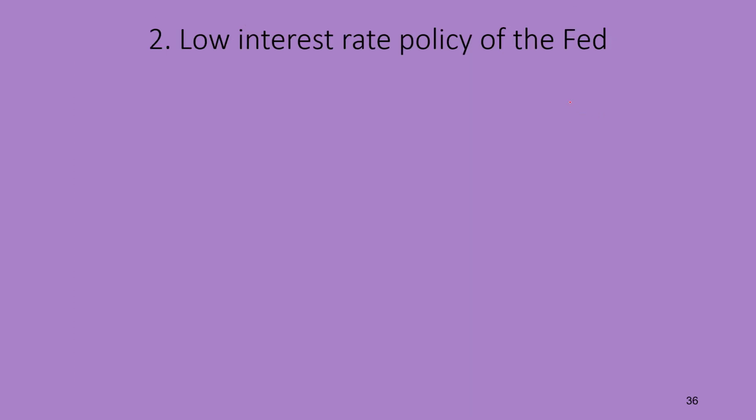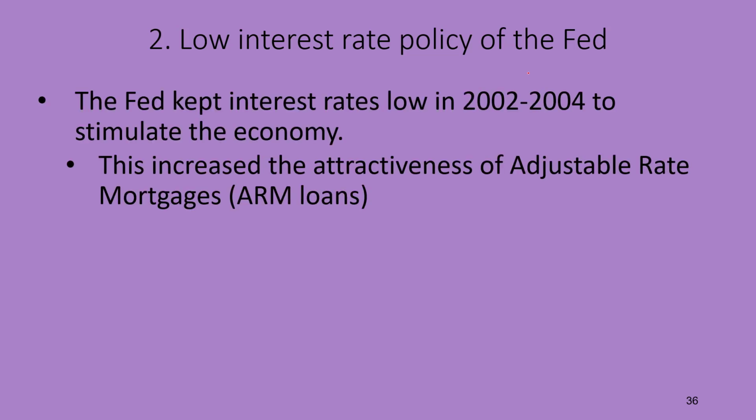Now, while you have that going on here, the Fed is conducting some low interest rate policy, or using expansionary monetary policy, to help pull the economy out of an economic downturn. For those of you who weren't alive at this time, or who barely remember, in 2001 we experienced terrorist attacks on September 11th, when some planes were flown into the World Trade buildings, and as a result of those attacks, you had a recession because people were afraid to travel and were uncertain about what was going to happen in the future.